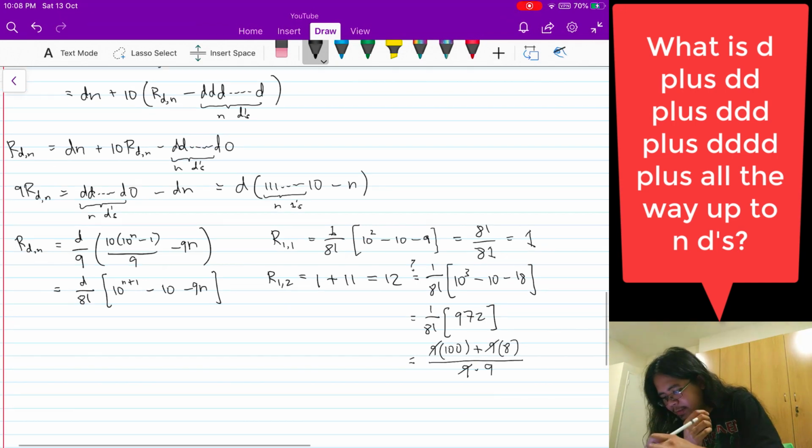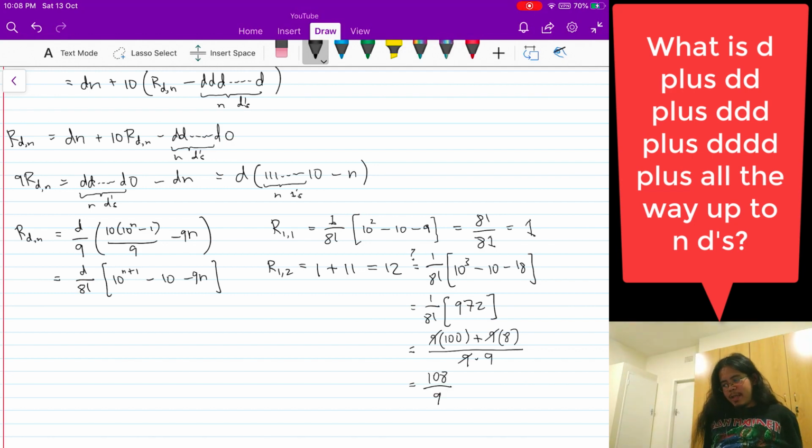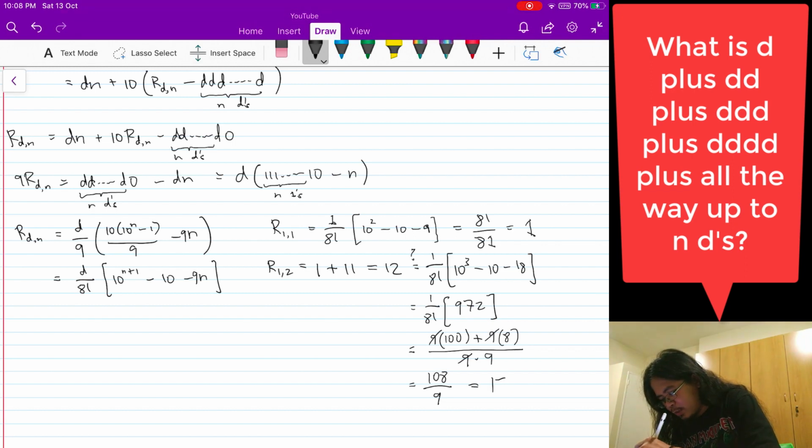So this will cancel. You have 108 divided by 9. What is 108 divided by 9? It's 12, right? Because 9 times 10 is 90 plus 18 is 108. Yeah, so it is 12. So our equation checks out.